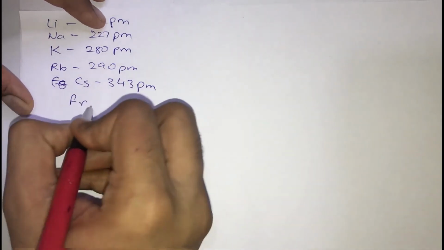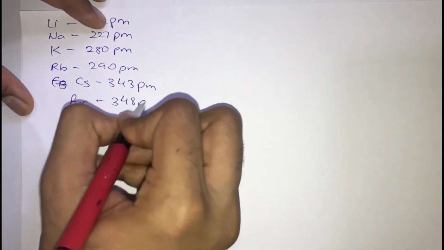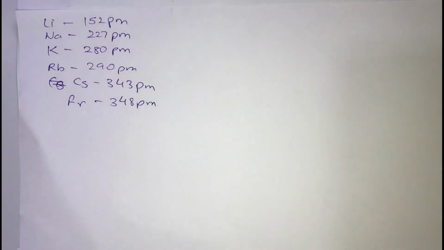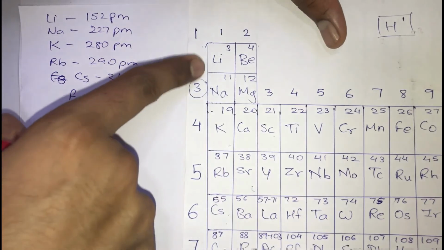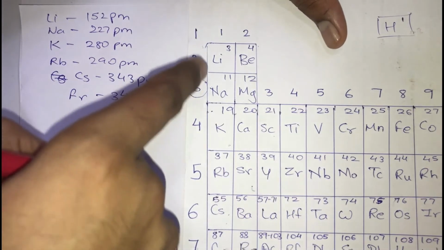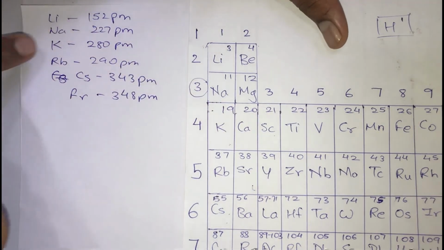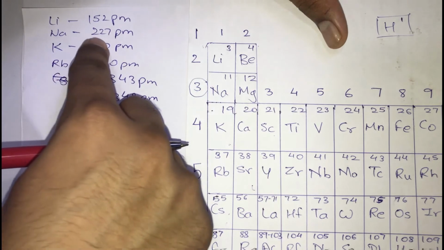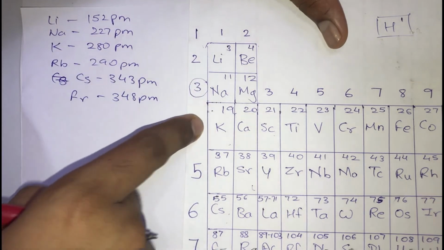So what you observe over here is that as you are moving down, that is, as you are moving from lithium to sodium, the atomic radius is changing from 152 picometer to 227 picometer. Again, as you move from sodium to potassium, the atomic radius is again increasing from 227 picometer to 280 picometer.